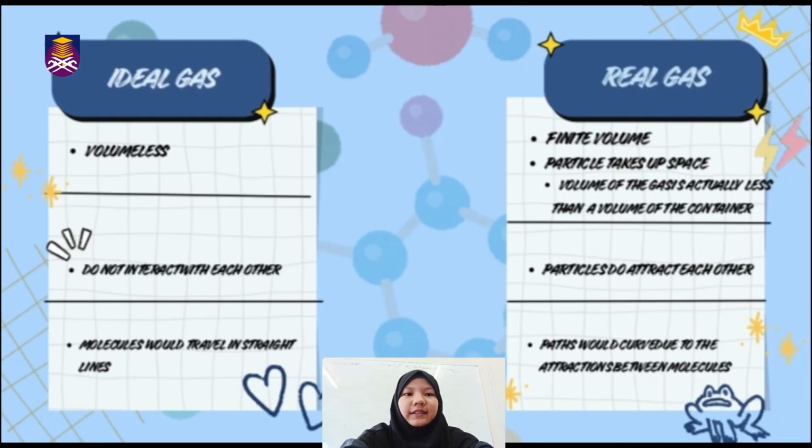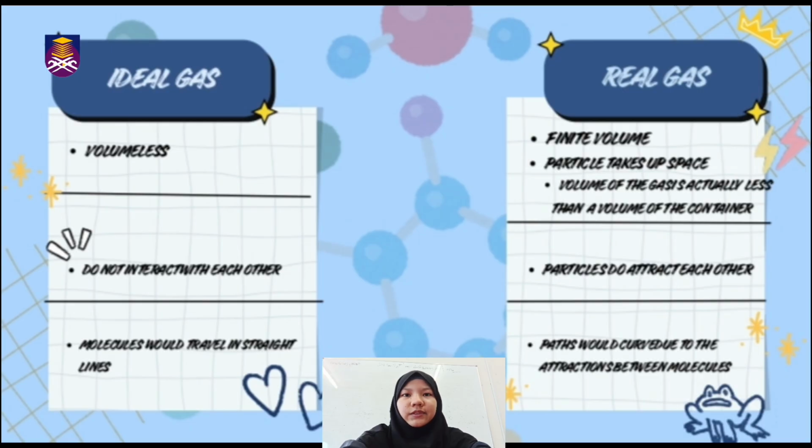There are other significant differences between the ideal gas and the real gas. The ideal gas is stated to be volumeless, whilst the real gas has finite volume. The particles take up space, and the volume of the gas is much less than the volume of the container.